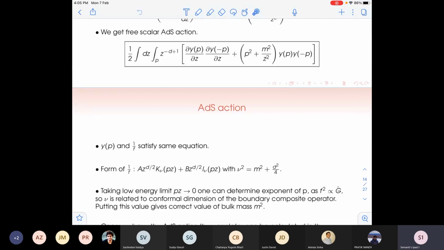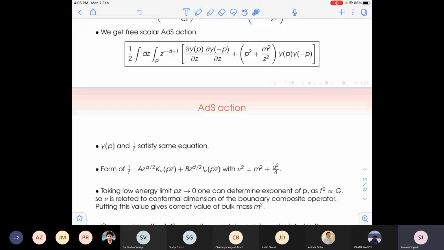From this we can get a constraint on f, and the form of f is given by a linear superposition of Bessel functions, where mu is related to m square.